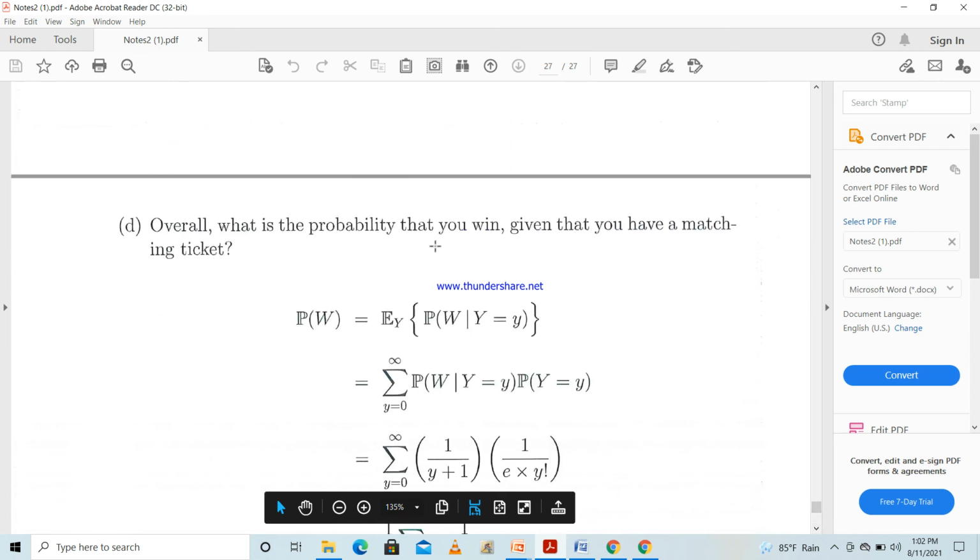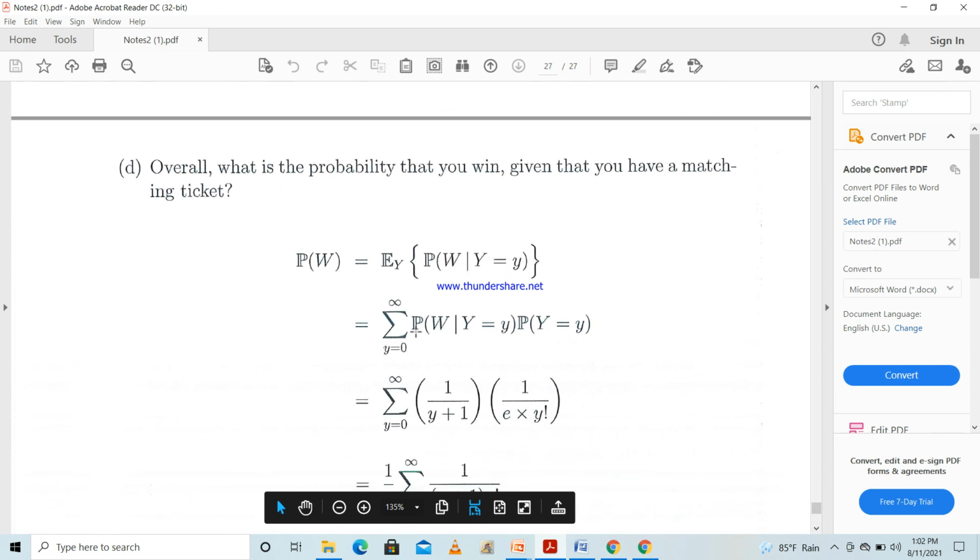So overall, what is the probability that you win given that you have a matching ticket? Here we can use what we just derived. The probability of event W is conditional on Y, so we can use the formula we derived just now. Since it's a discrete variable, you have the probability of winning given that Y equals y, times the probability that Y equals y, where y goes from 0 to infinity.